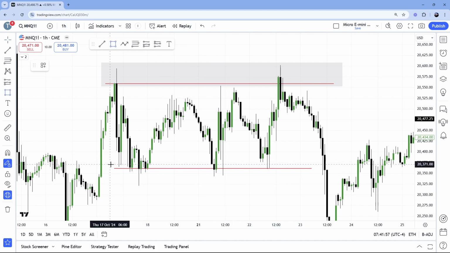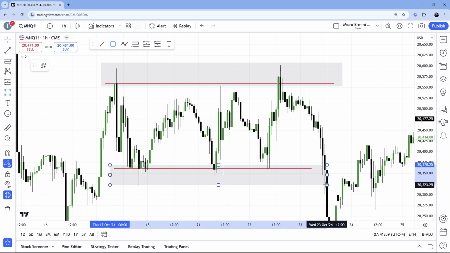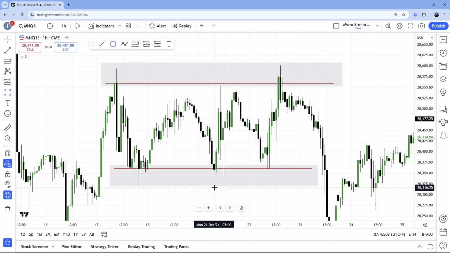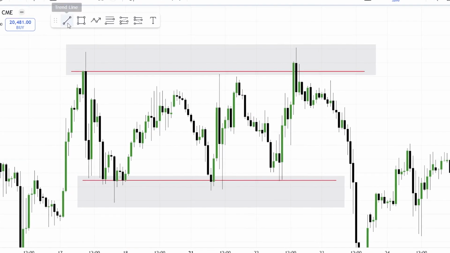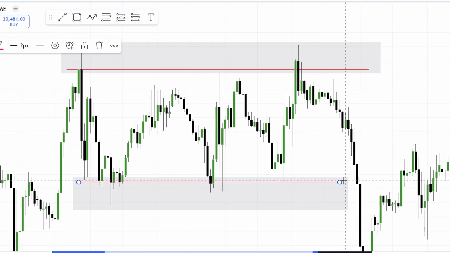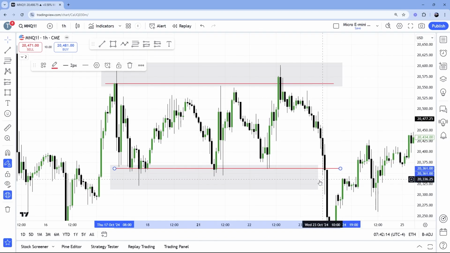So this area, you mark it like this, so that you mark it as a support and resistance zone. So it's not a line, it's a zone, it's an area. And after a while, you can see this line can be broken. So then it's a breakout happening over here. Okay, let's see what's next.